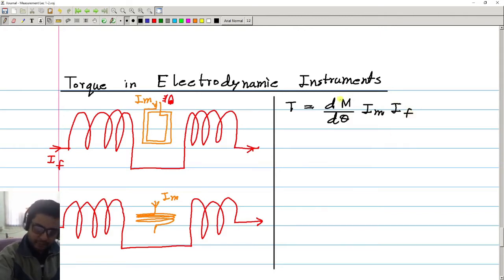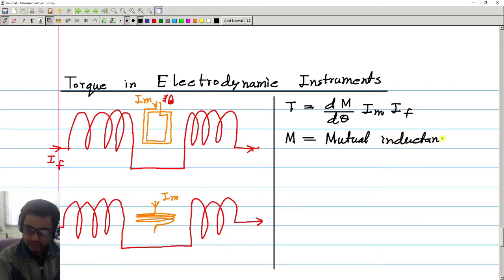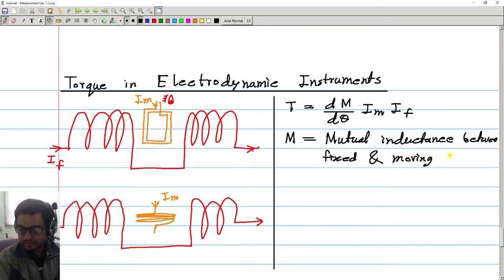What is M? Can you guess? Mutual inductance between the red and the orange coils, between the fixed and moving coils.